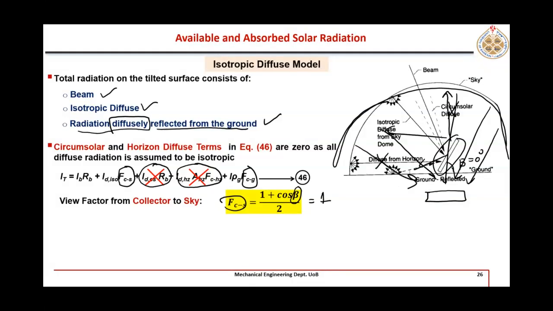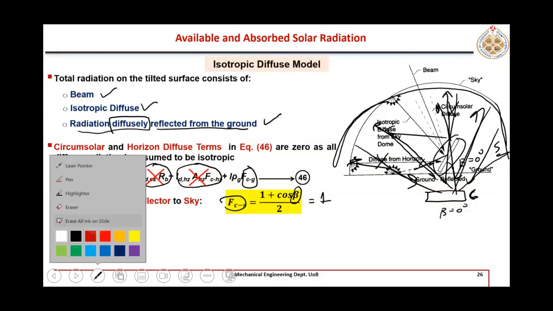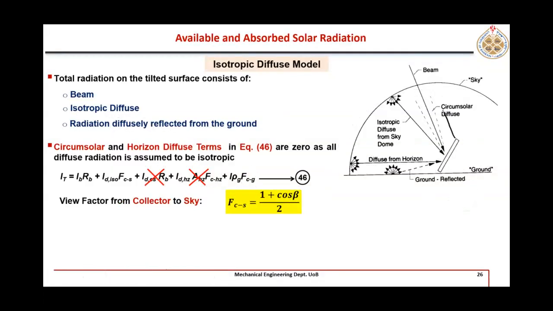So this is collector to sky. All the radiation leaving the collector is reaching the sky if beta is 0, which is this equation. But if beta is not 0, it means only a part of it will reach the sky. The radiation going in this direction will never reach the sky.